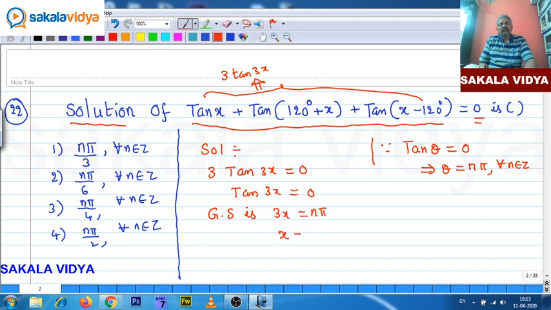So we need to write the x value, that is n pi by 3, for every n belongs to Z. So which is the right option now? First option is the right option.